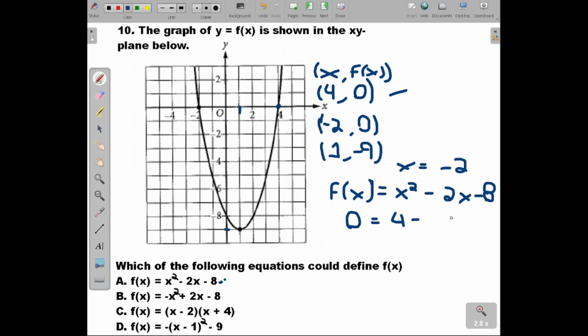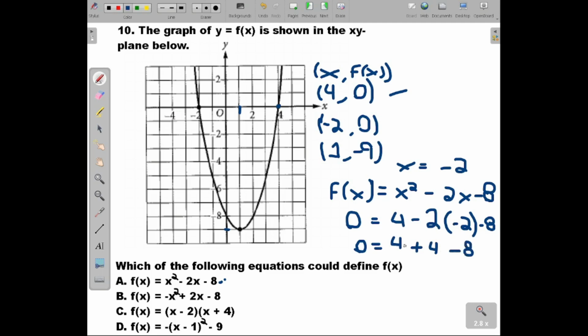Minus 2 times negative 2 is positive 4, minus 8.